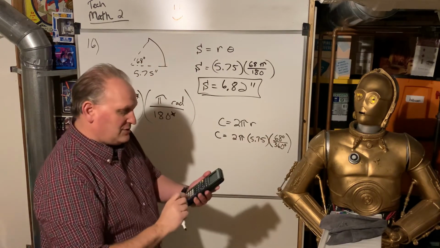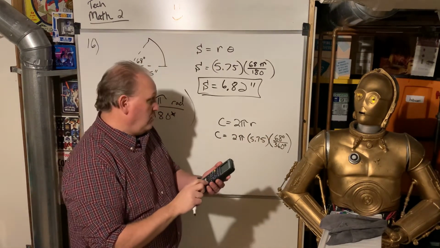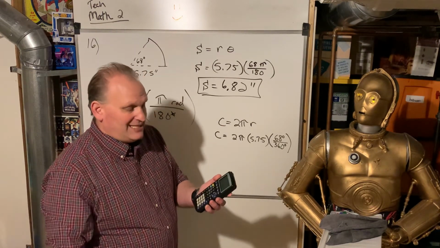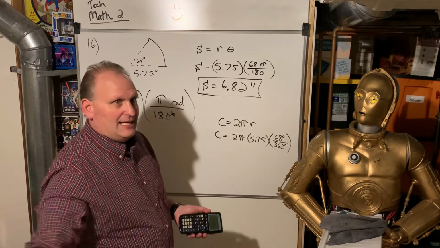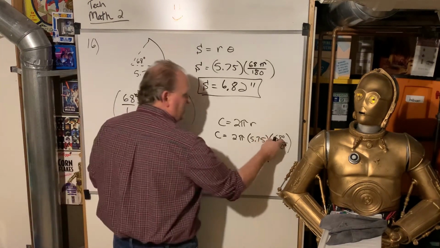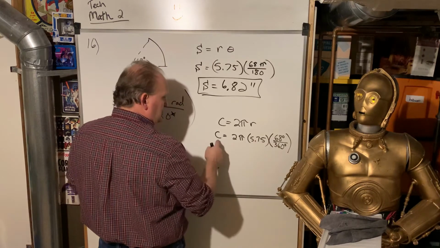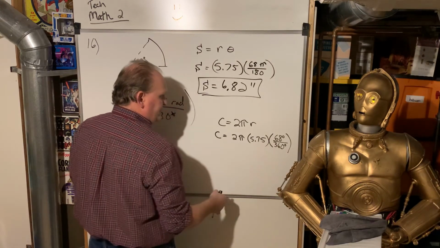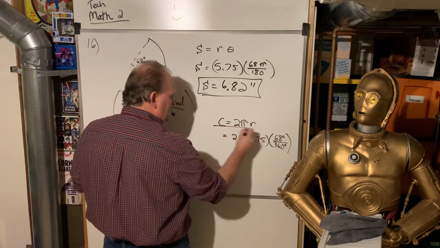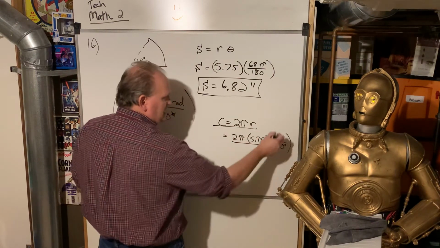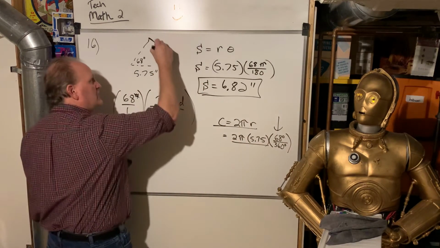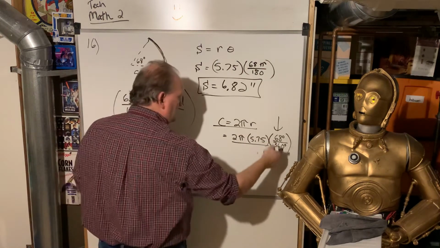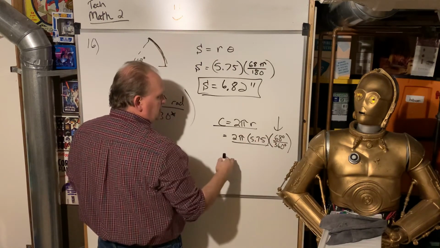So if we wanted the actual percent of that arc of the whole circle, you're talking about 19%. It's 0.18888 forever. All right? So this times the actual circumference would give me the arc length. The circumference is this part, and this part is the portion of the circle that we're actually looking at. So you're kind of using the percentage.